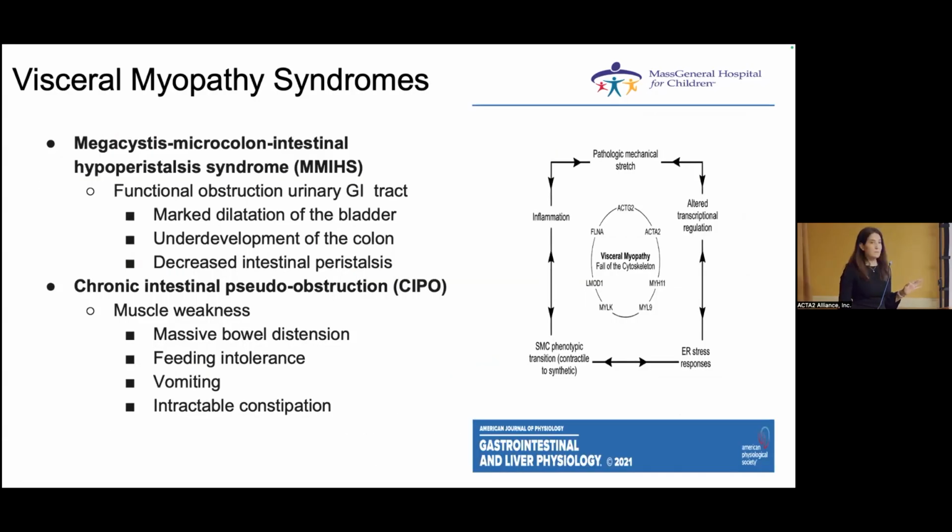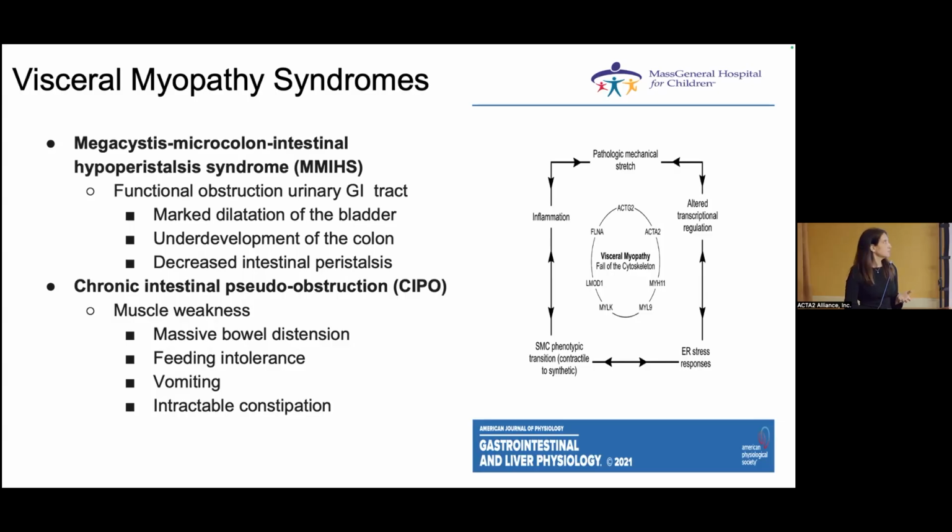So just for one minute, I want to mention these other syndromes that also present in similar ways. We have MMIHS and then SIBO. This was a paper published a few years ago, looking at the various mutations that will cause issues with these visceral myopathies. MMIHS, megacystis microcolon intestinal hypoperistalsis syndrome, is a functional obstruction.